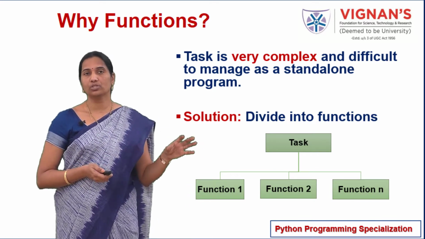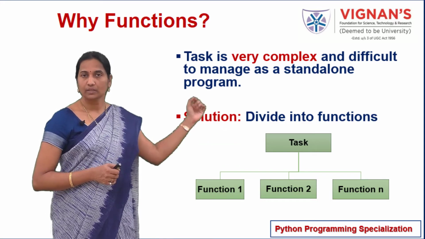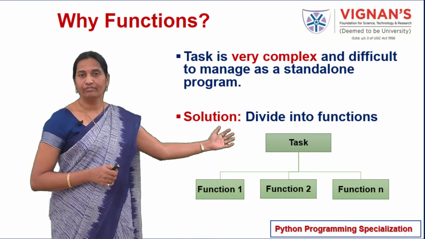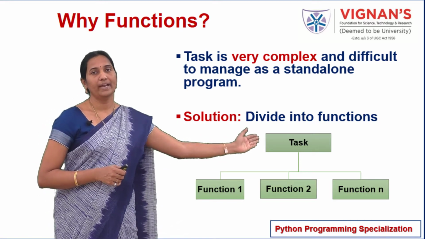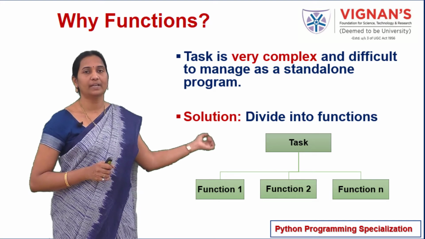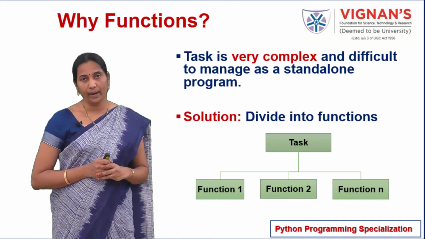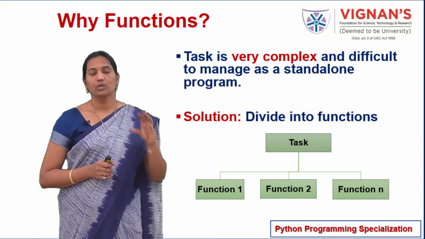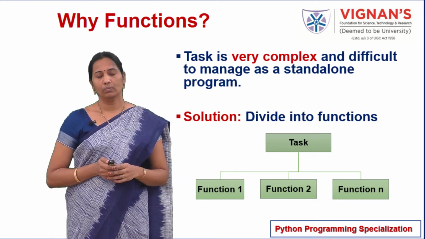In this situation also, we need functions. Say for example here, given the task, instead of implementing the task on its own, we are dividing that into n number of smaller tasks, and for each small task we are implementing a function. So instead of implementing it as a single program, I will be implementing n number of small functions. Thereby it will be very easy for us to manage.